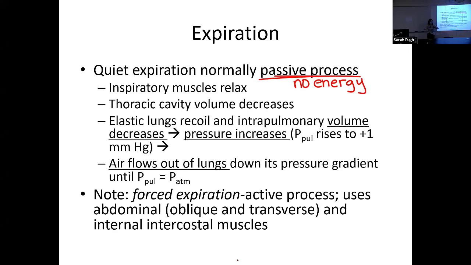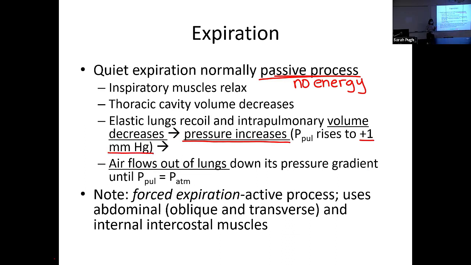It gets smaller, right? And we know what happens when volume goes down. What happens to pressure? It goes up. It goes in the opposite direction. So that means that the pressure in the thoracic cavity goes up, right? You're kind of squeezing on those lungs. Pressure goes up, and that means that the pressure inside the lungs becomes greater than atmosphere, right?